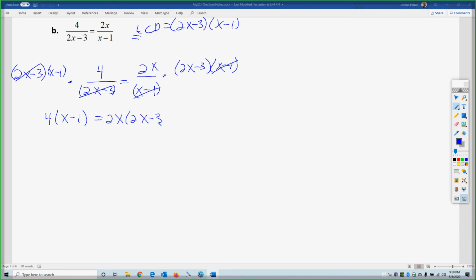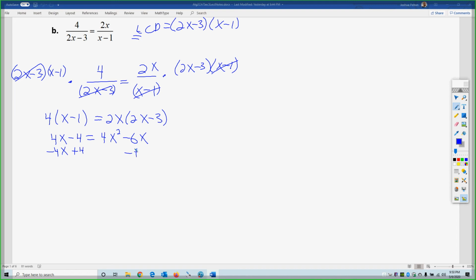Okay, so we distribute. We get 4x minus 4 equals, nope, not 2. 2 times 2 is 4. That would be 4x squared minus 6x. So minus the 4x and add the 4.